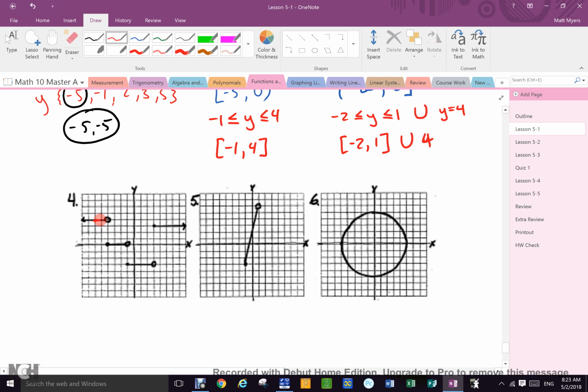Is it going to go all the way forever on the x's that way? Yep. Is it going to go all the way forever on the x's that way? Yep. So we write this weirdly. And ladies and gentlemen, I do not really care about this. When you're doing proper set theory, if you go further in math, there's all kinds of weird ways to write it.